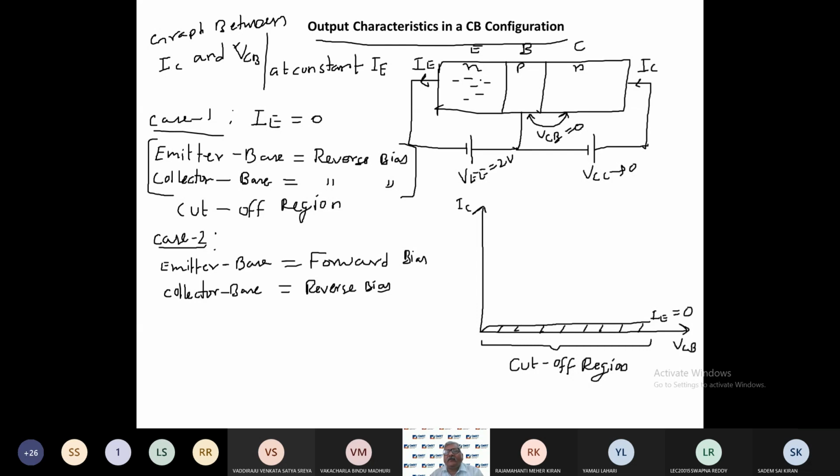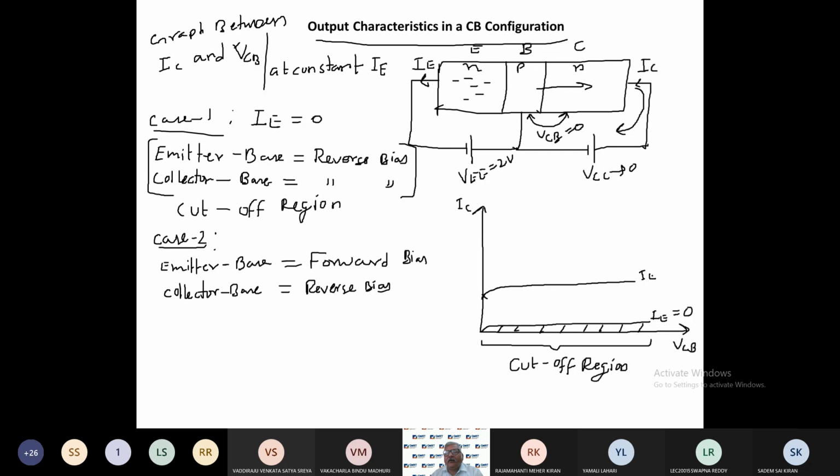Since the base is very thin, even with no collector voltage applied, the majority of the electrons will pass through the base and follow this path. So when VCB is 0, you will find some current here, and you will get this type of curve.